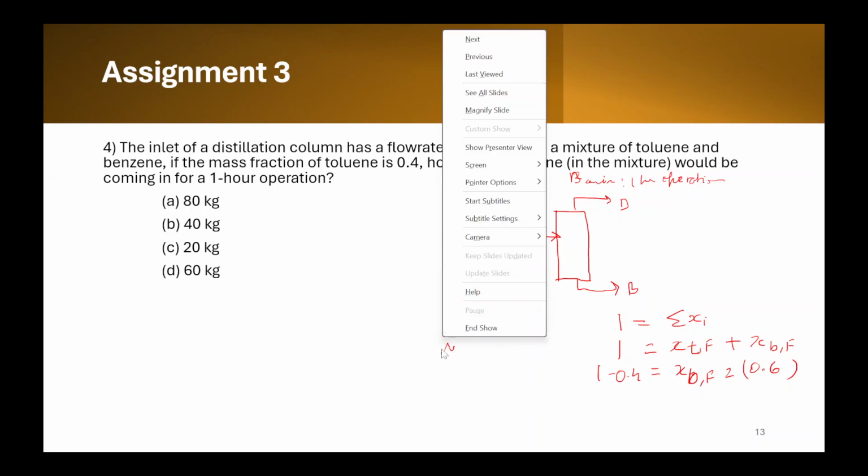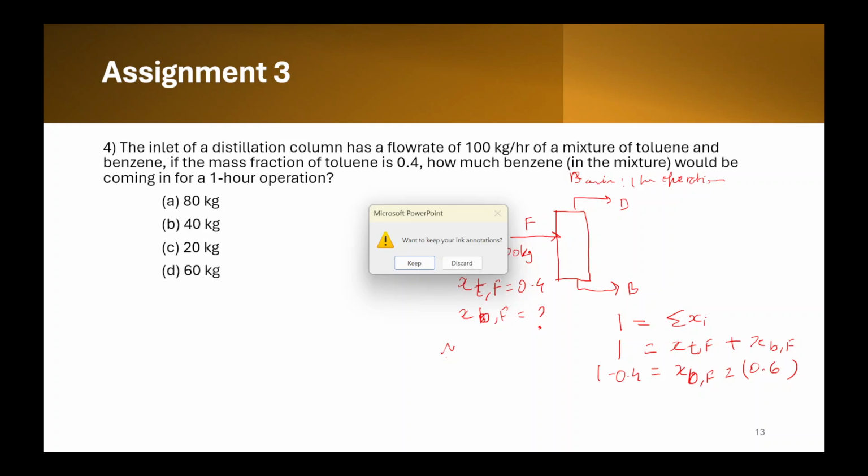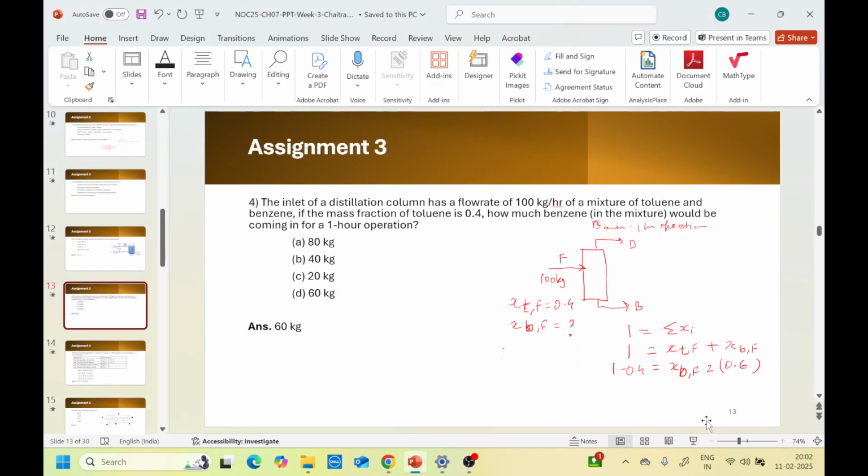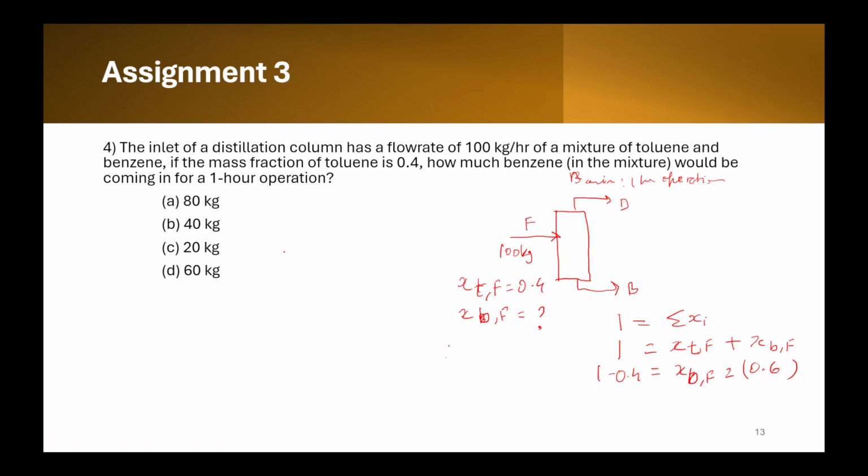The weight or mass of benzene in feed will be XBF times F. So that will be 0.6 times 100, which gives us 60 kg. All right.